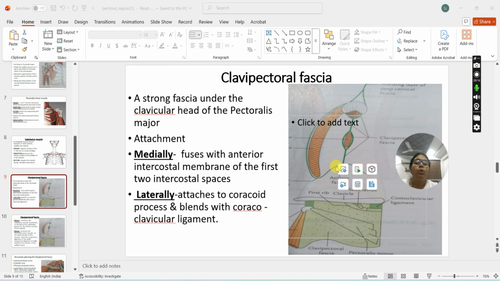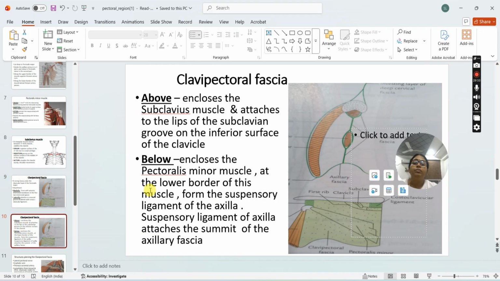The pull of the clavipectoral fascia over the axillary fascia causes the dome-shaped concavity of the armpit or axilla. Okay, the same thing we told about it.